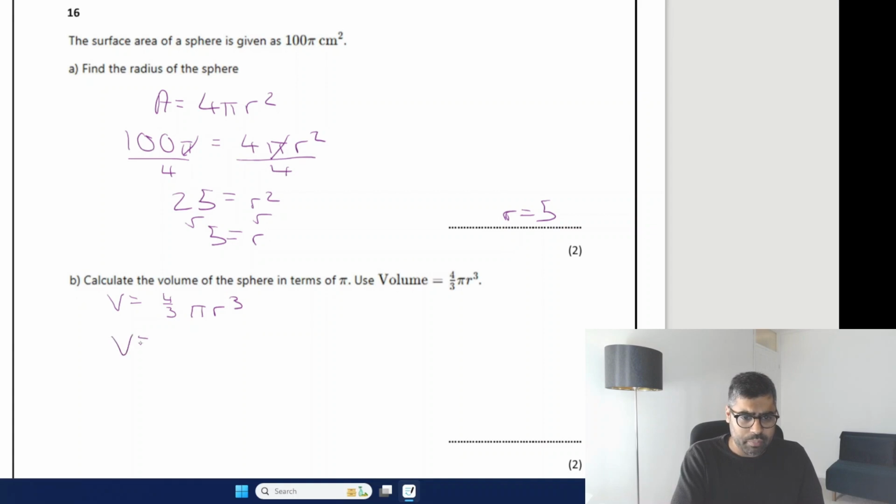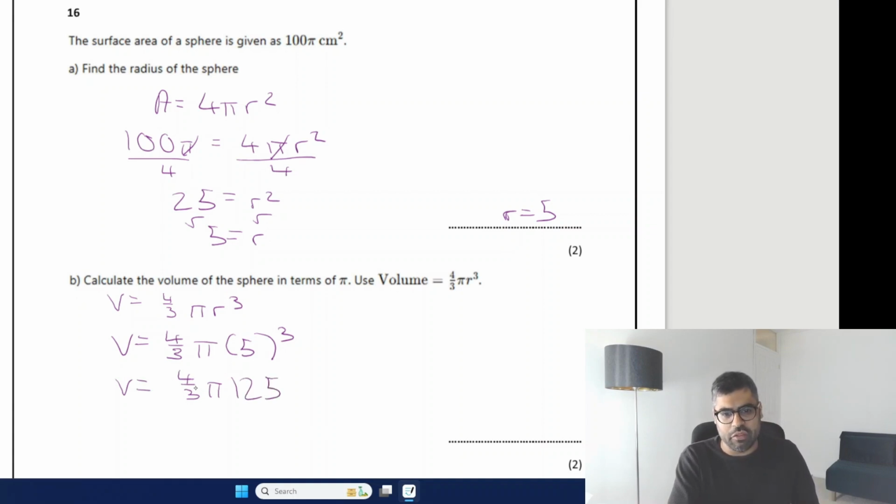So the volume equals 4 over 3 pi. Now we know r is 5, so we're going to have 5 cubed. So now we've got volume equals 4 over 3 pi, and 5 cubed is 125. So right now this looks a bit strange because we've got 4 over 3 times pi times 125.